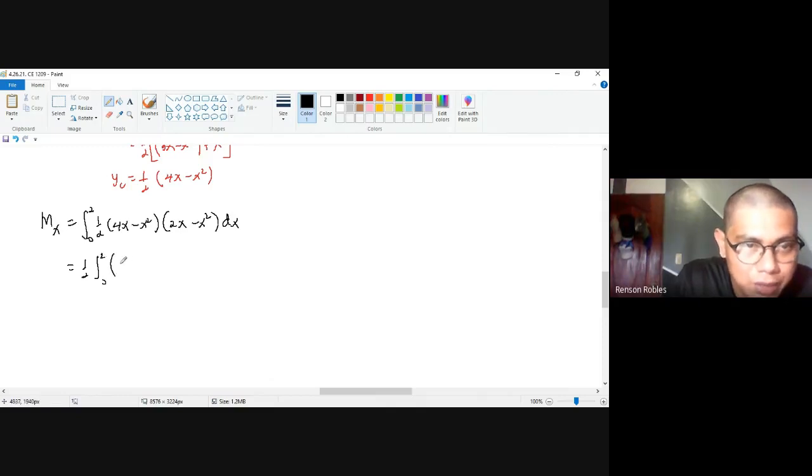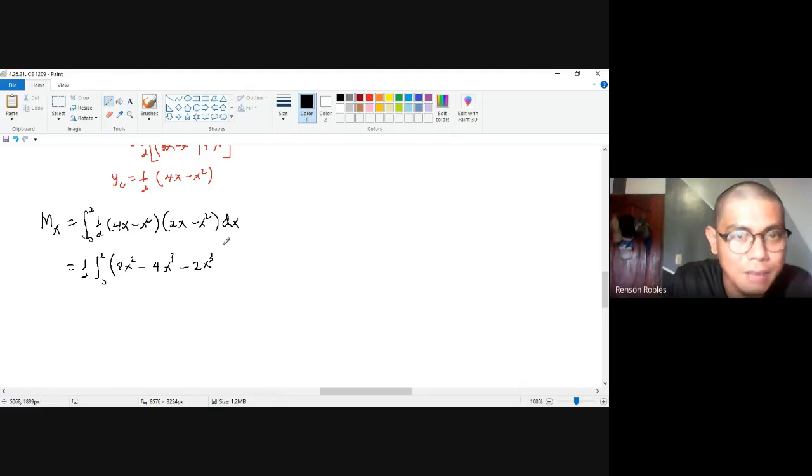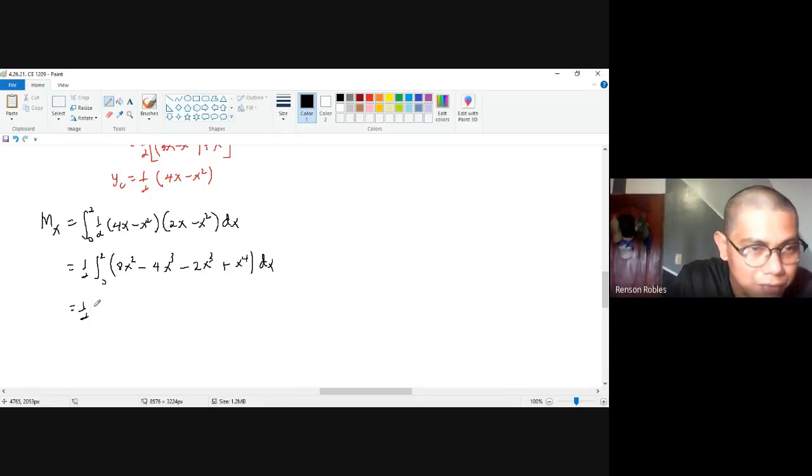And 4x times 2x is 8x squared. 4x times negative x squared is negative 4x cubed, minus 2x cubed, negative x squared times negative x squared is plus x to the 4, dx. Then one half, 0 to 2, 8x squared minus 6x cubed.